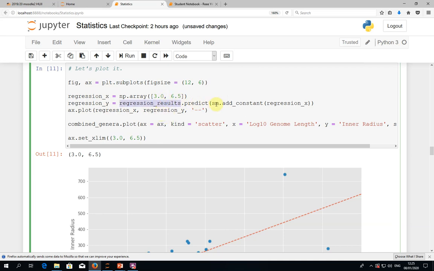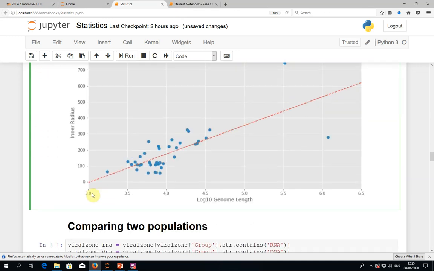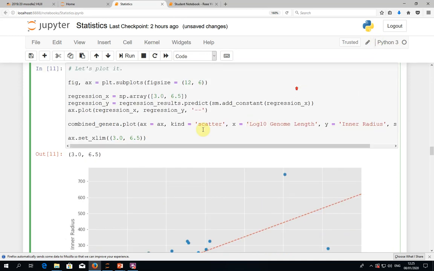of the regression results. And here again, you must use the add constant because you want it to match the kind of x that was used to train the model. So you add a constant to this array with 2 values, and then you predict their corresponding y hat value, which will give you the regression y.